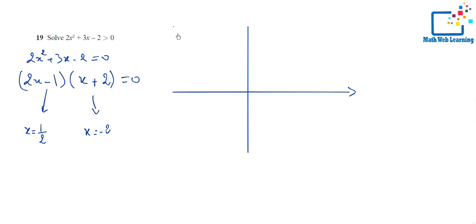And the graph I'm looking for looks something like this, where this point here is the root, minus 2, and this one here is the half. Now, my quadratic inequality is positive. We want the positive part of the curve.